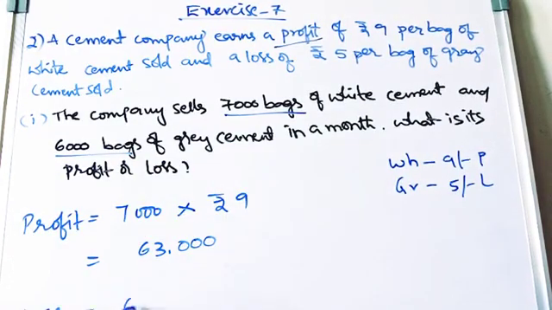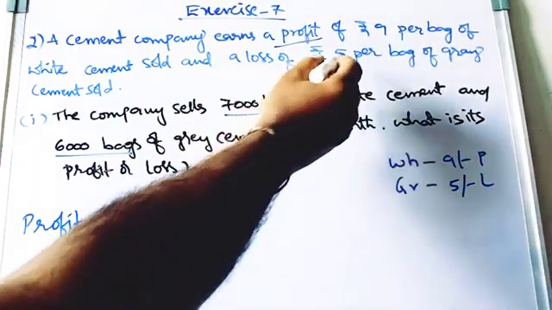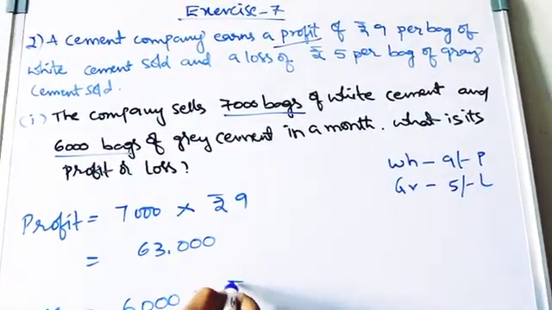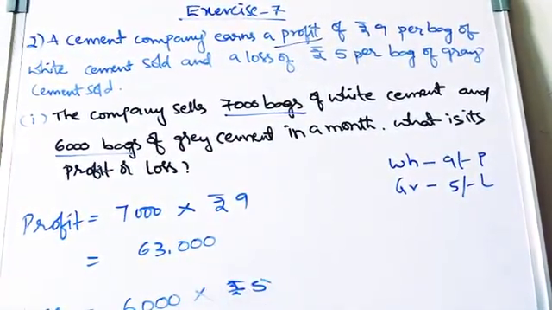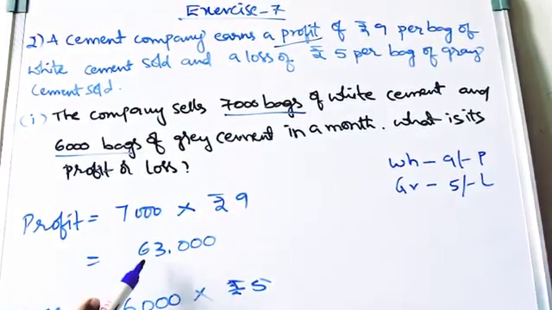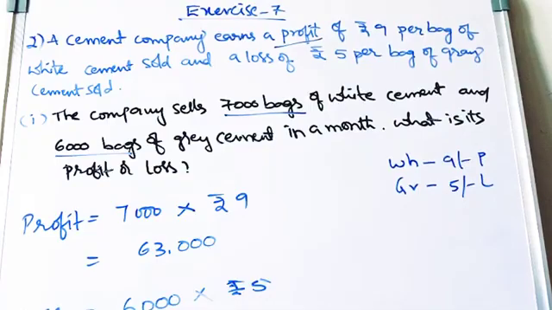So loss is equal to 6,000 bags into 5 rupees loss on each bag. So 6 5s are 30,000. So in that month the company gets 63,000 profit, and lastly they get 30,000 loss by selling the grey colored cement.